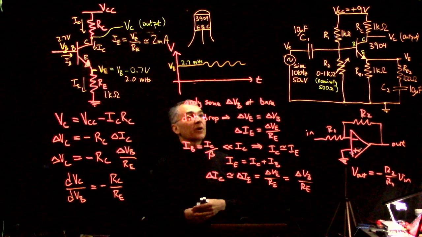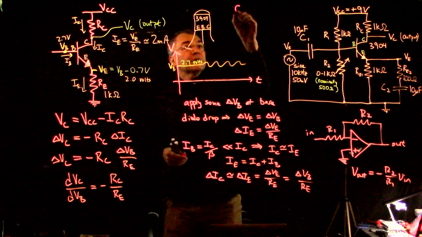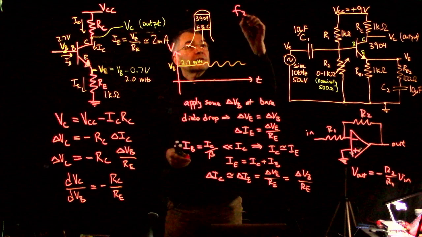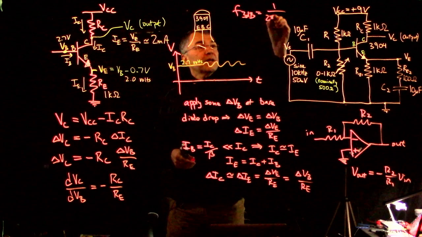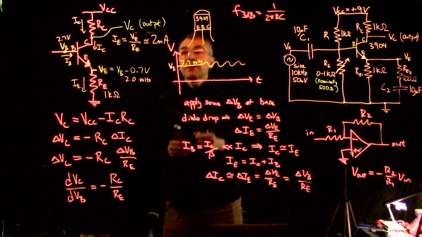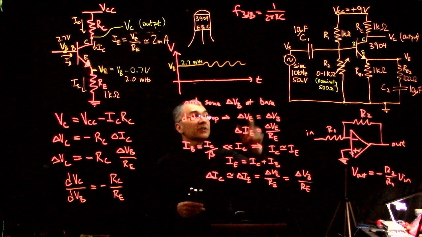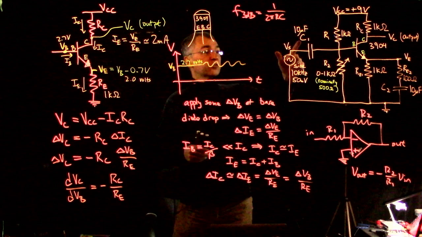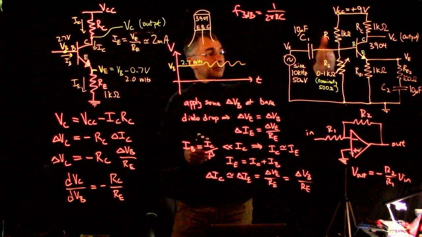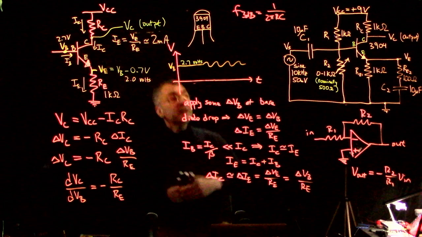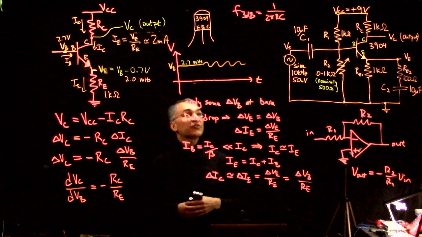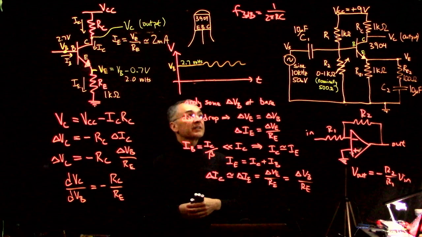I don't remember the number now, but remember F3 dB is 1 over 2 pi RC for an RC filter. So you want to arrange this capacitor value together with the parallel combination of these resistor values so that any frequency you're interested in amplifying is well above that cutoff.